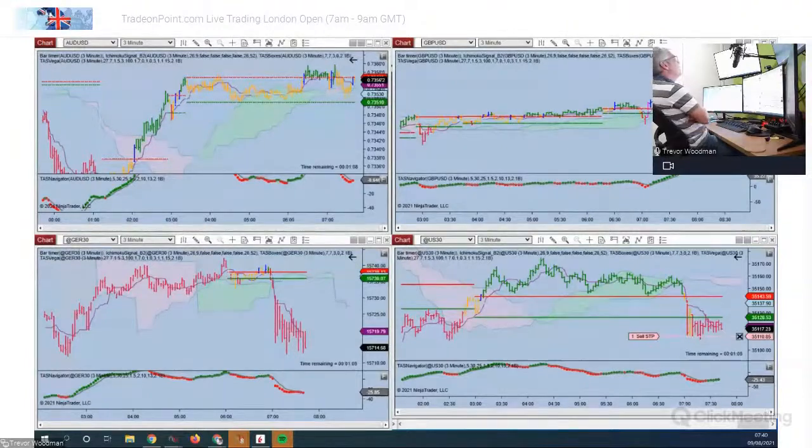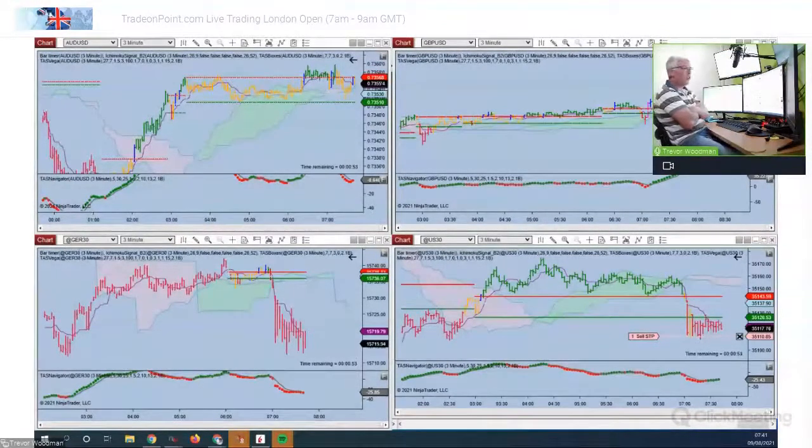We have got resistance coming around the even number 35,000, looking at the 1-hour chart, and then down to probably 34,950, and then down to 34,850 to 34,800. That's where we should see some support coming in.